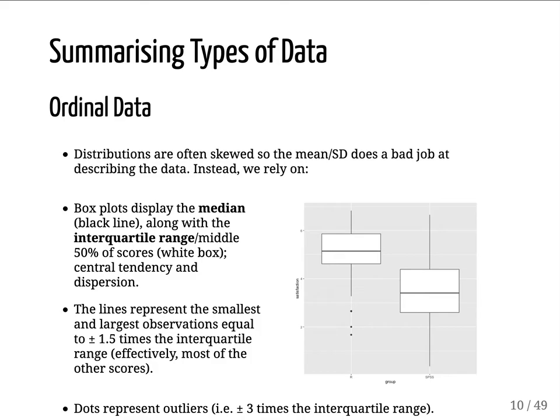So I may be looking at how much people like or are satisfied with the statistics tools they're using. Here on the plot, I'm looking at R versus SPSS, and how satisfied are you? I might use a measurement scale for this, and I just ask people on a scale of 1 to 7, 1 being I hate it, 7 being I love it, how satisfied are you with your software package that you're using for doing your stats?